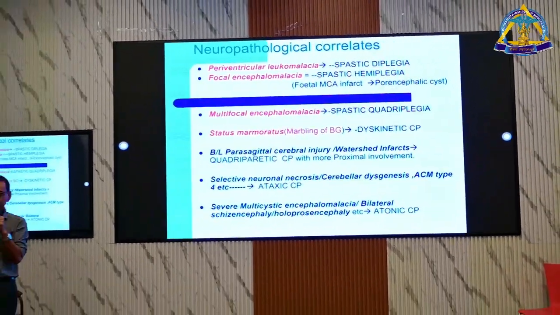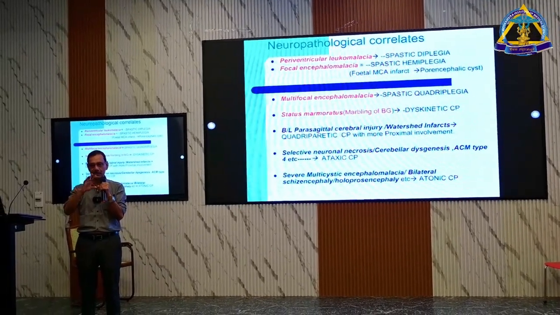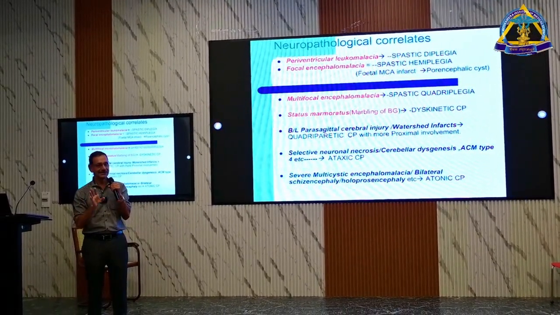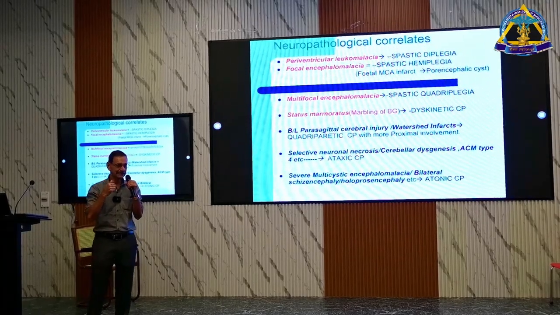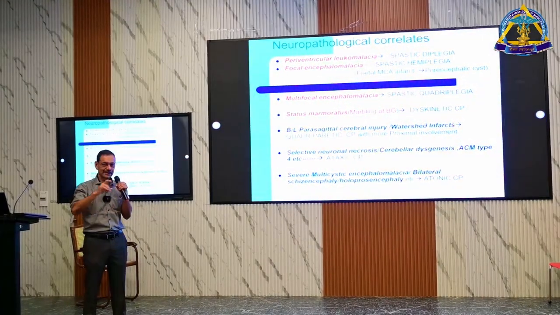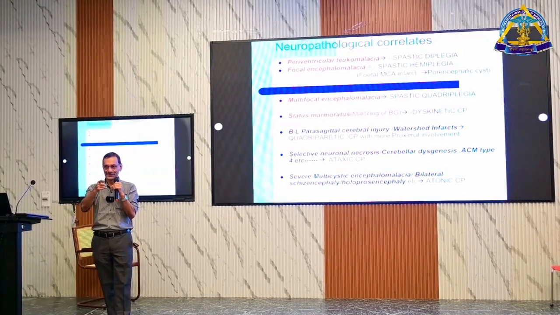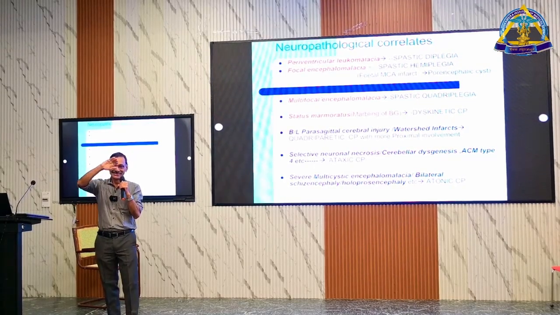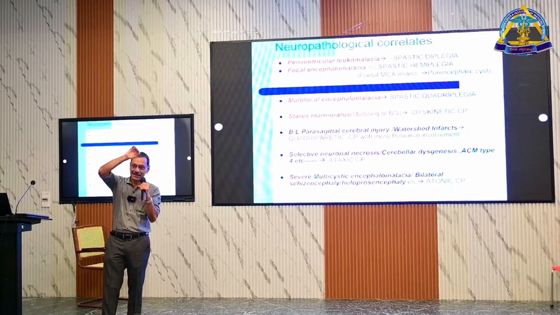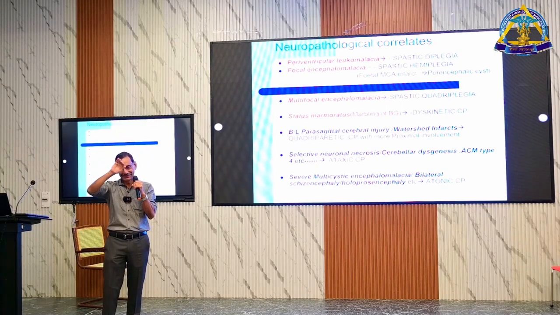The case that is going to come for your exam is diplegia or quadriplegia. Diplegia means lower limb fibers are involved. Girija madam is here, so if you do not understand, go to madam. These lower limb fibers will come around the ventricles.